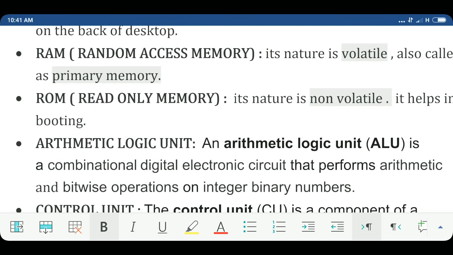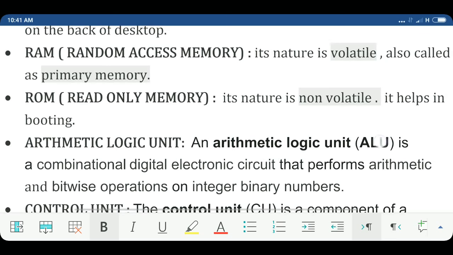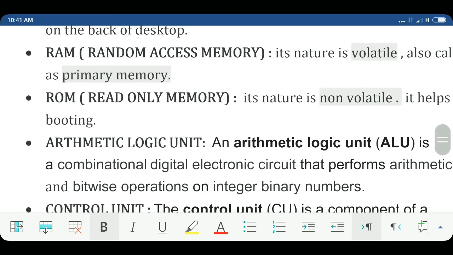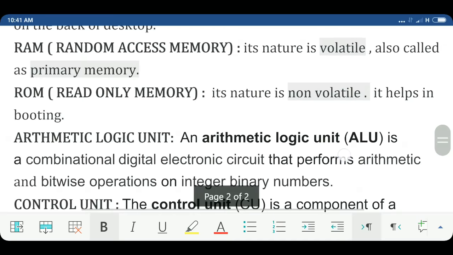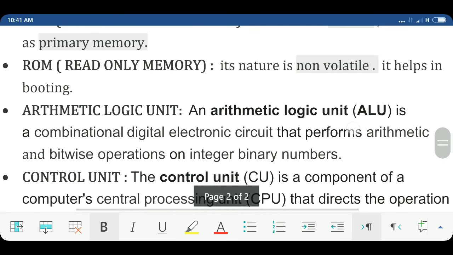Arithmetic logic unit, ALU, is a part of the CPU. An arithmetic logical unit is a combinational digital electronic circuit that performs arithmetic operations and bitwise operations on integer binary numbers. Next definition is about the control unit. The control unit is a component of a computer's central processing unit.